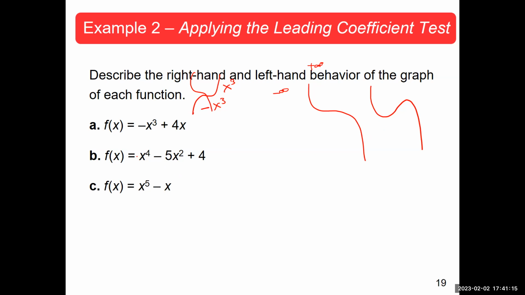Now this one here is a positive x to the power 4, and the power is even, so this should look like a W. Definitely this looks like a W. If it's negative, then we flip, it becomes like an M. x to the power 5 is going to look like the original.